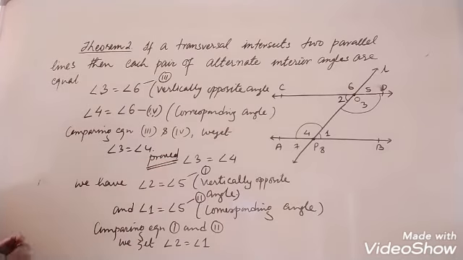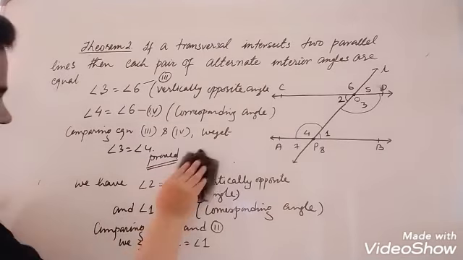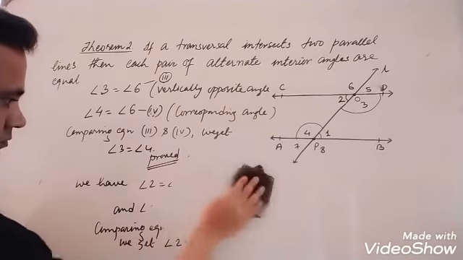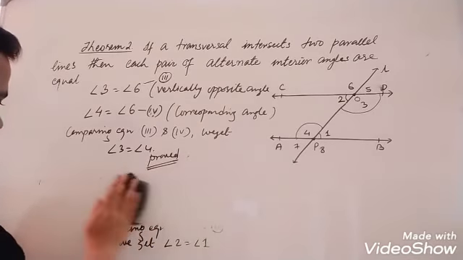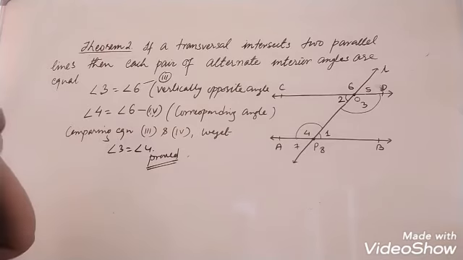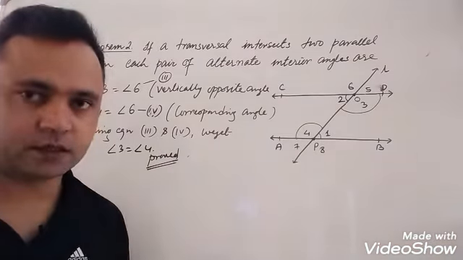Now this is the case of alternate interior angles. The statement is, if a transversal intersects two parallel lines, then each pair of alternate interior angles are equal.